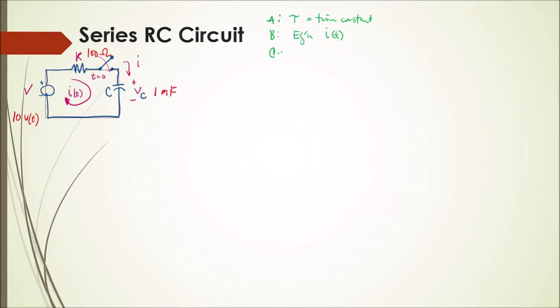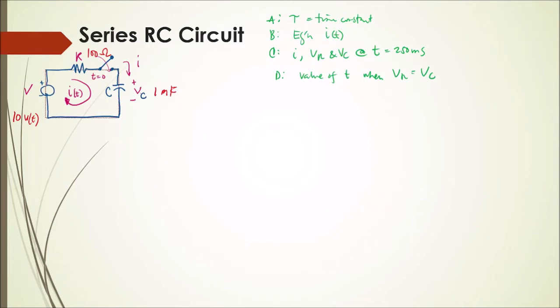C, we're looking for the value of I, VR, and VC at t equal to 250 milliseconds. And D, what is the value of t or time when VR is equal to VC? So, kind of similar to our prior example.